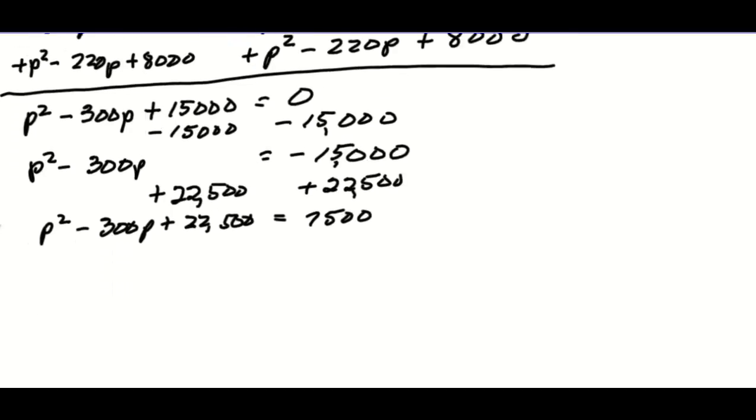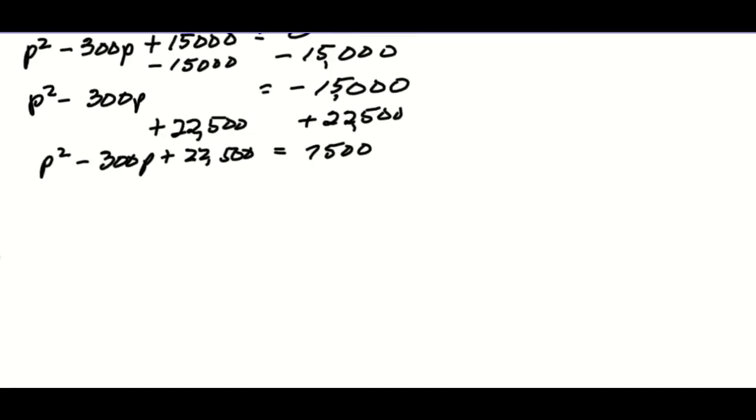Let's scroll down a little bit. On the left side now, what we have is p minus 150, that quantity squared, equals 7,500.